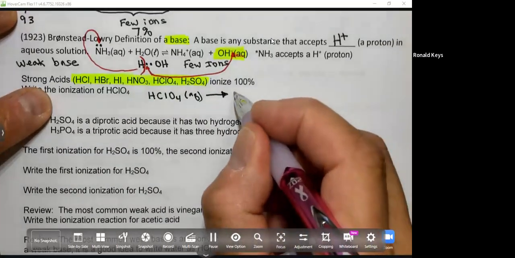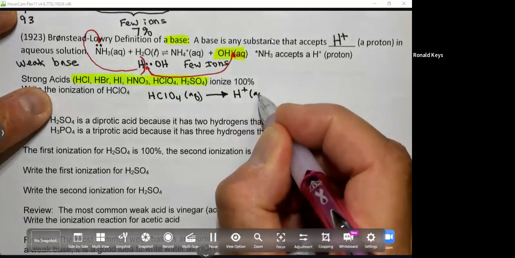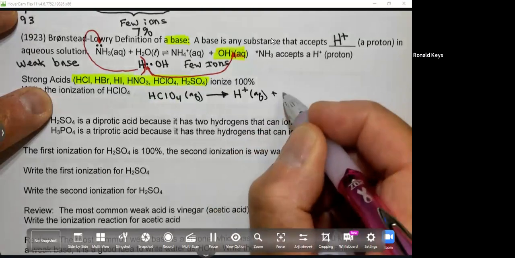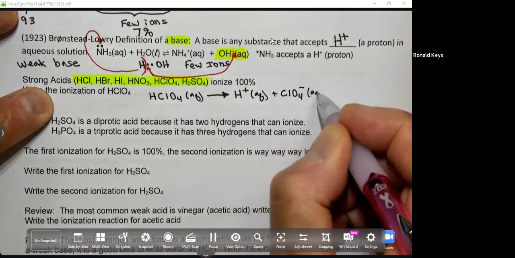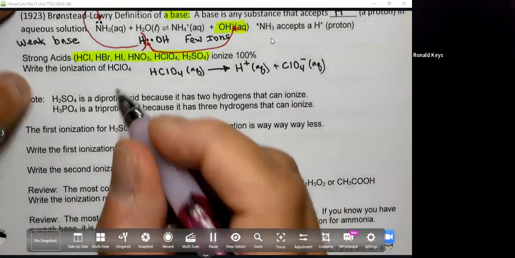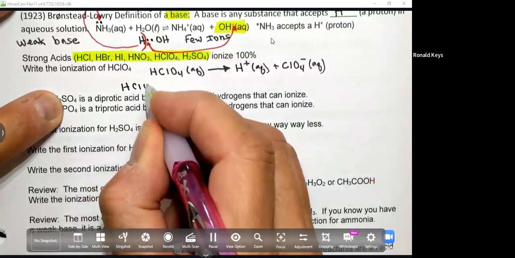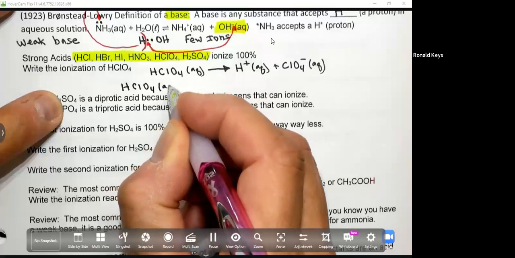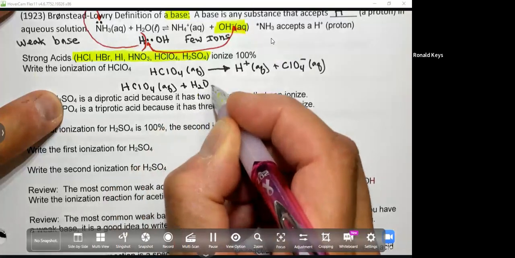Cheater's way to do it is to put a one-way arrow, H plus aqueous and ClO4 minus aqueous. A better way to do it is to do this: HClO4 aqueous plus water, liquid.